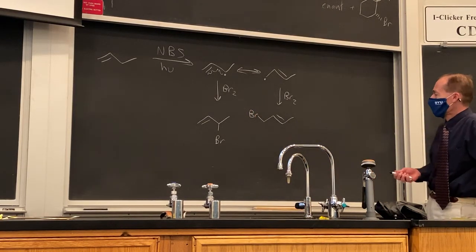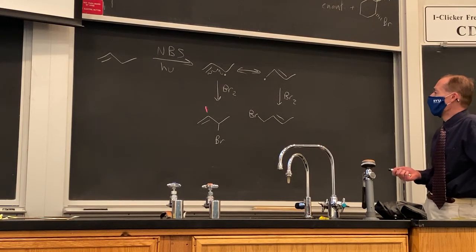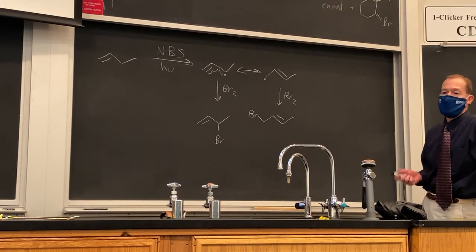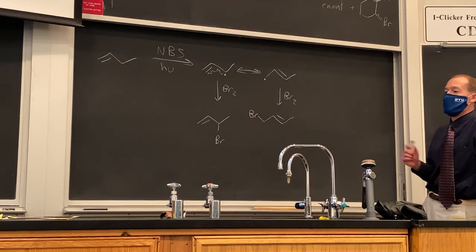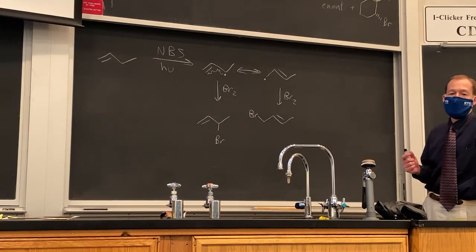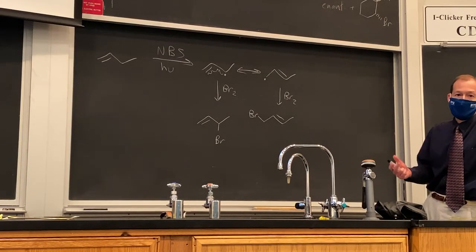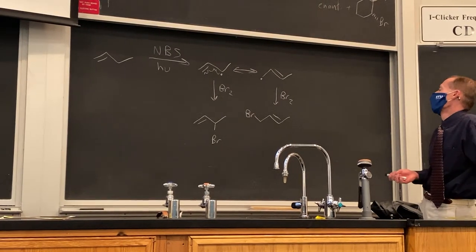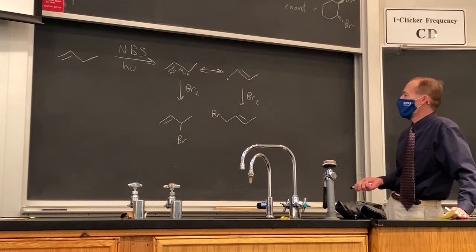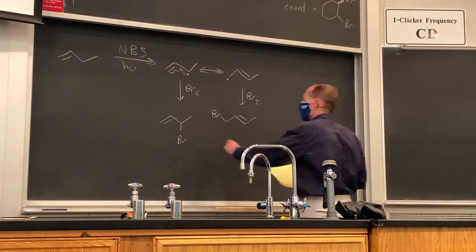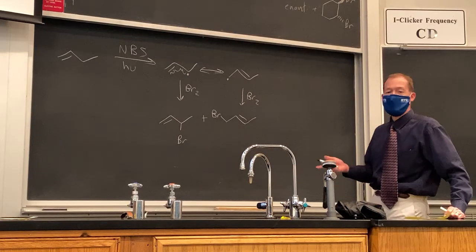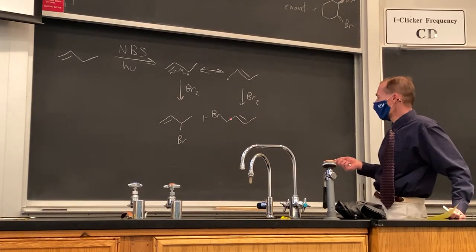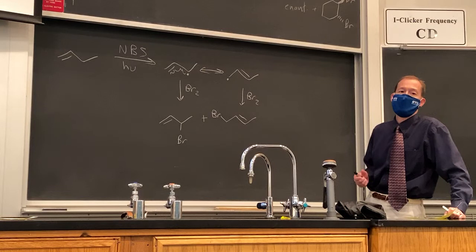Okay, and there's no major product in this particular case. Usually when we have these two different resonance structures, we end up with roughly a 1-to-1 mixture of them. Okay. In this particular case, the product on the left is chiral, so we would form that as a racemic mixture. The product on the right is achiral.